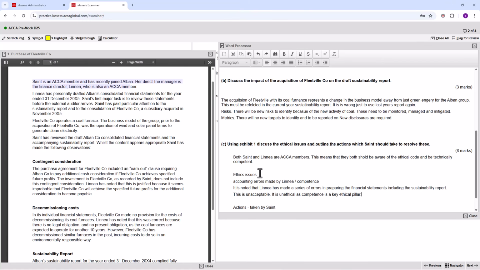Now, what I would normally do next is to consider whether this has been not incompetence, but whether this has been deliberate. In which case, that would be a much more serious breach. But I don't see any conflict.